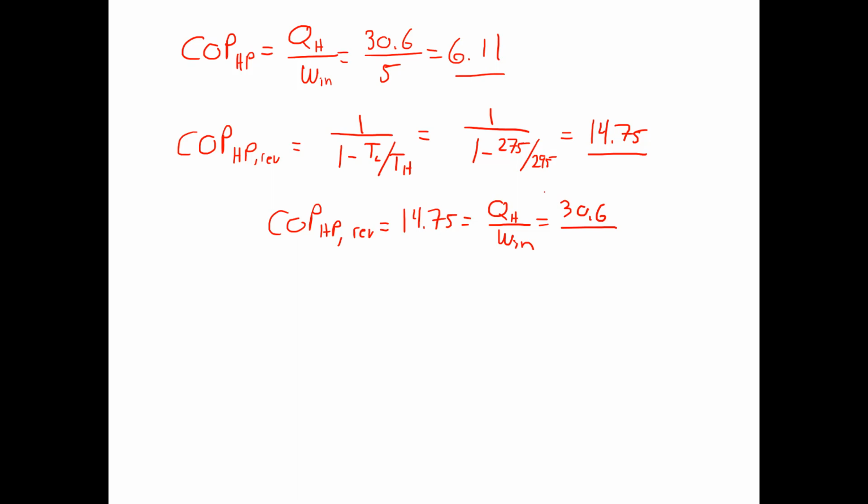But what if it's reversible? What would be the work in if it was reversible? If it's reversible, the work in would be 2.07 kilowatts. So this is an irreversible process because it's consuming 5 kilowatts. Is it enough?